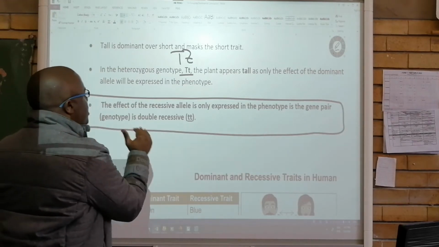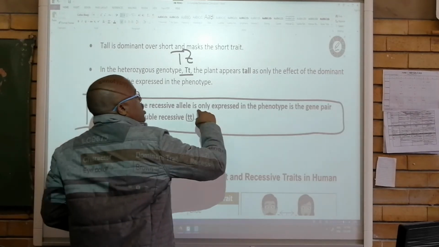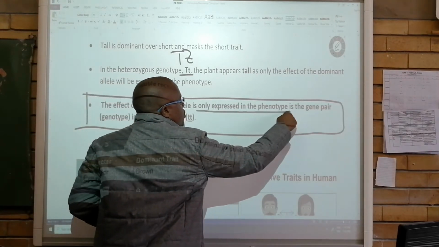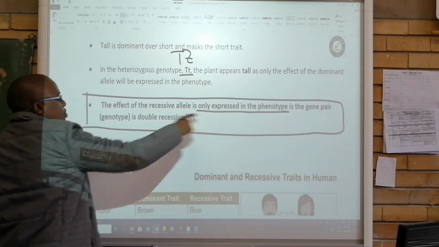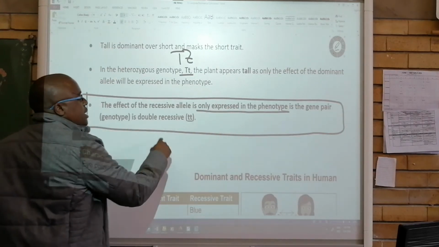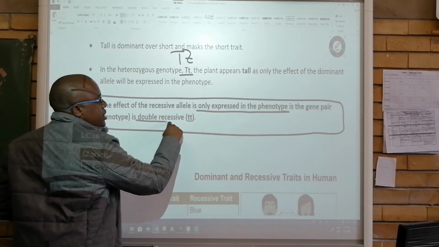The effect of the recessive allele is only expressed in the phenotype if the gene pair is double recessive.